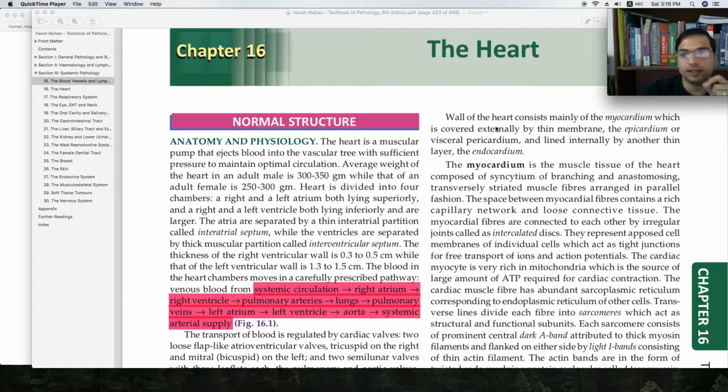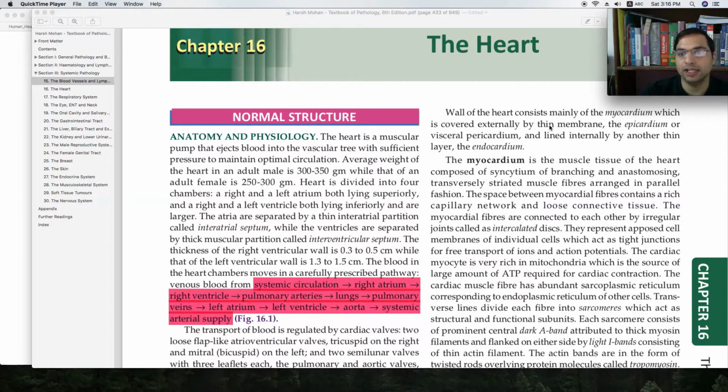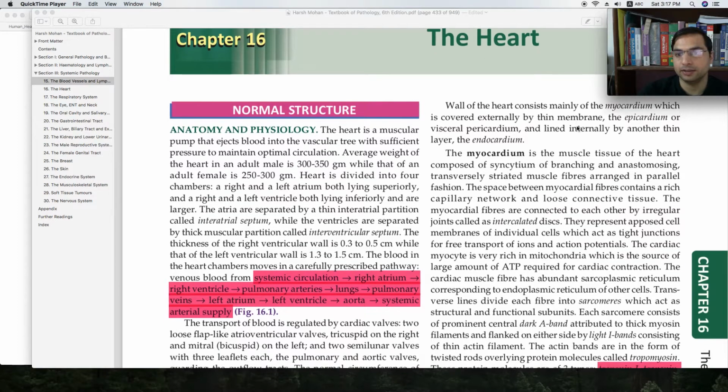The heart consists of three layers: myocardium, epicardium and endocardium. Endocardium is the innermost layer, and the myocardium is the main muscular layer which contains the muscle. The epicardium, also called the pericardium, is the outermost layer.